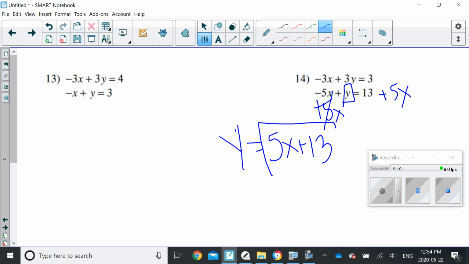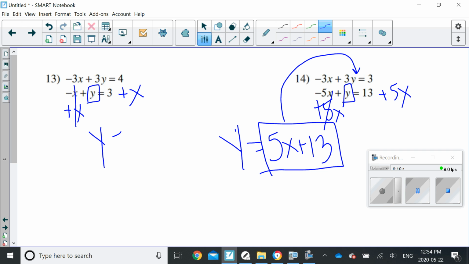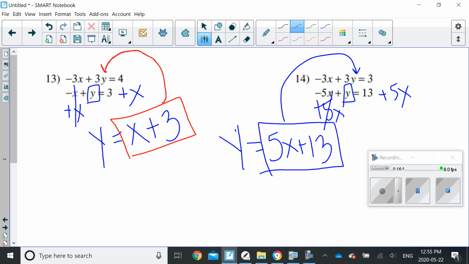And once you solve for y, you would put it into the other system. If you had this question on your test, you could solve for x or you could solve for y. The choice is yours. You solve for y, and you would get x plus 3. That's what y is equal to, and that would always go into the other system.